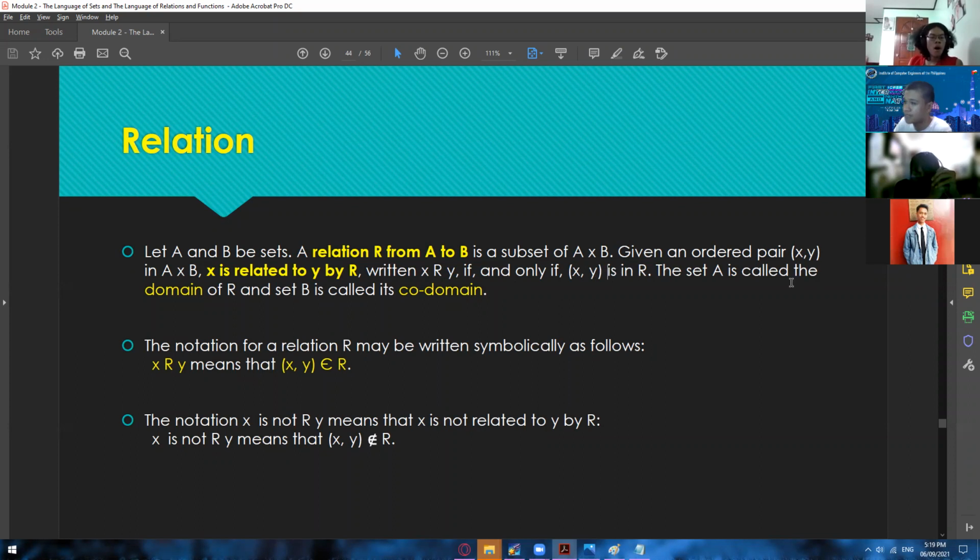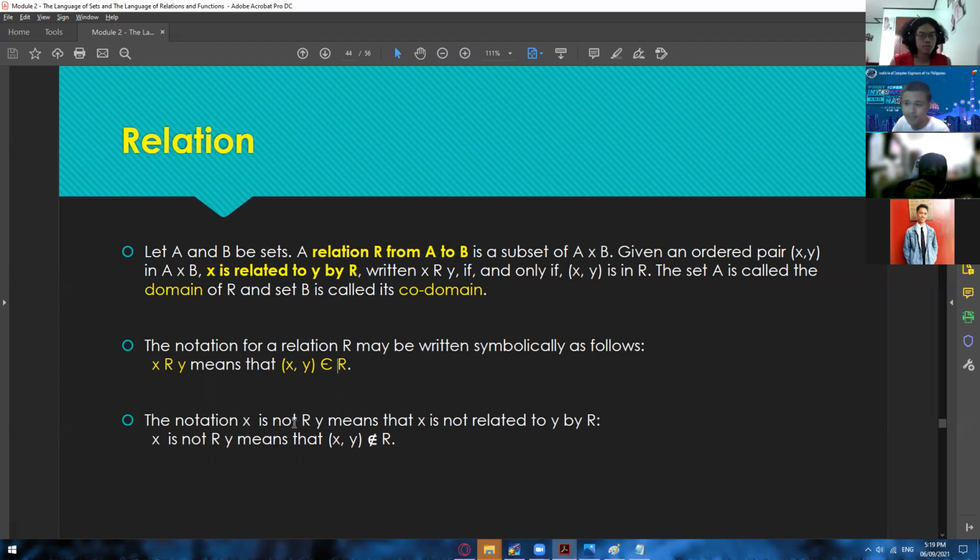So the set A is called the domain of R, and set B is called its codomain. So the first element is the domain, and the second element is the codomain. The notation for a relation R may be written symbolically as follows. x R y means that (x, y) is an element of R, an element of the relation.